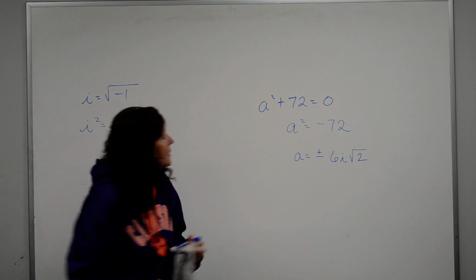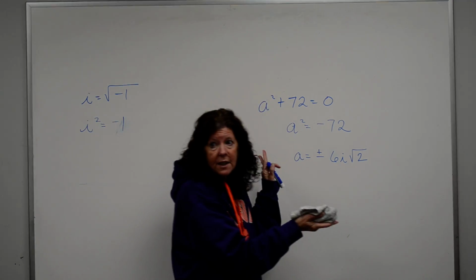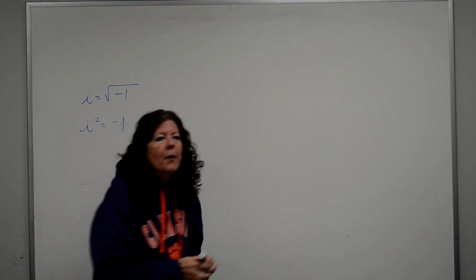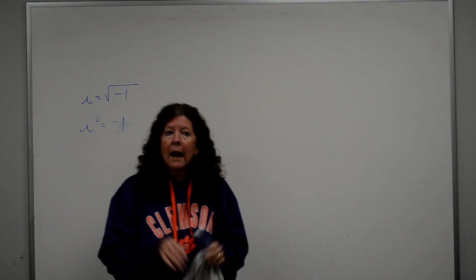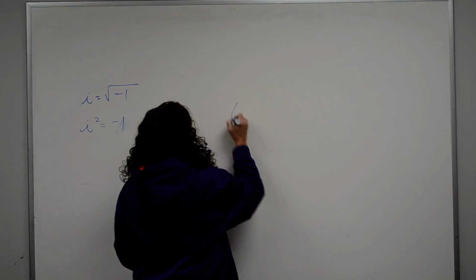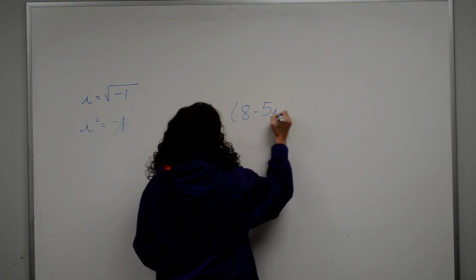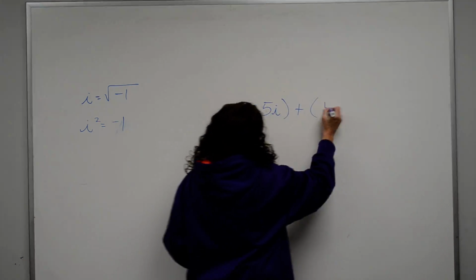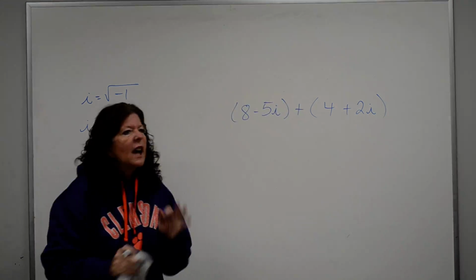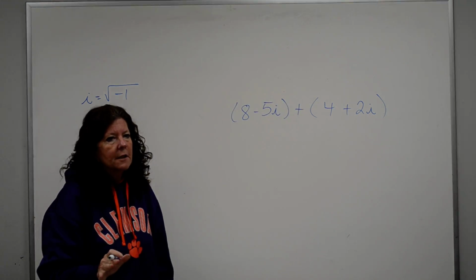All right. Some other math. So that's real easy, right? Okay. Then when you have these i problems, you just treat the i at first just like it's any other variable. And what I mean by that is I have something like this. Okay? I just look at the i just like it's an x. Okay?